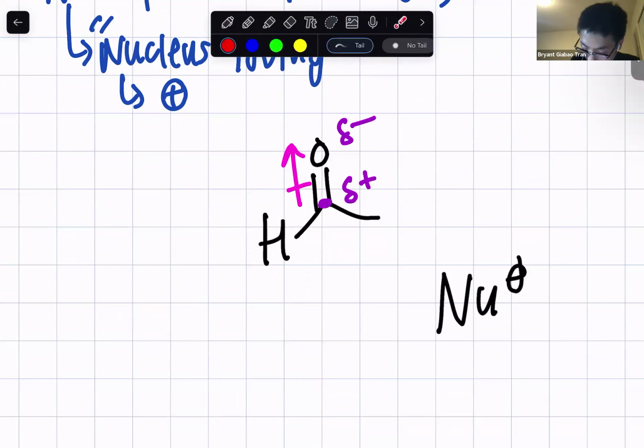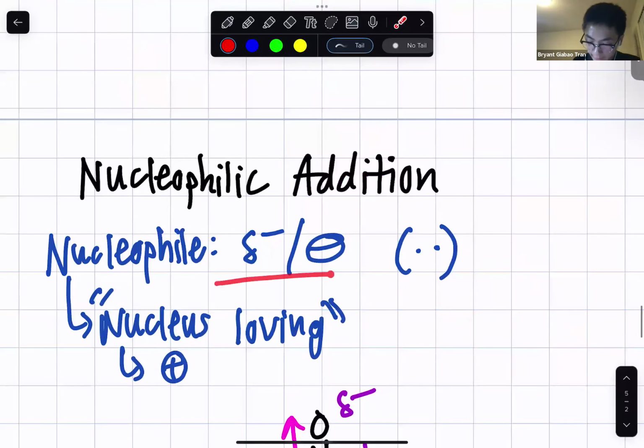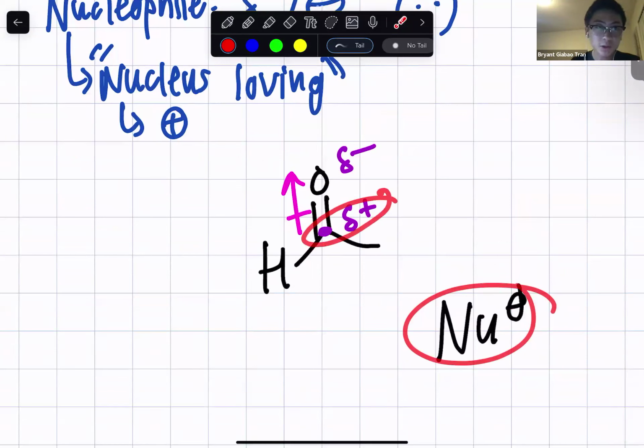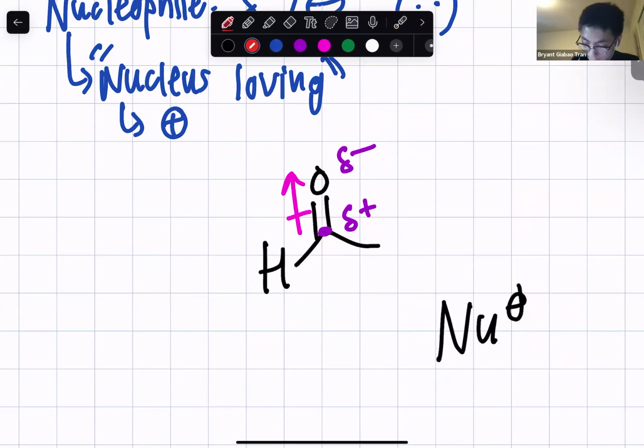I'm gonna give that a generic name because it could be NH2 minus, it could be Grignard reagent, it could be alkynyl anion, which we worked with, but any general nucleophile which has a negative charge is attracted to this positive charged carbon right there. Right? So this is nucleophilic addition right here, where we're going to add that nucleophile onto that carbon right there.